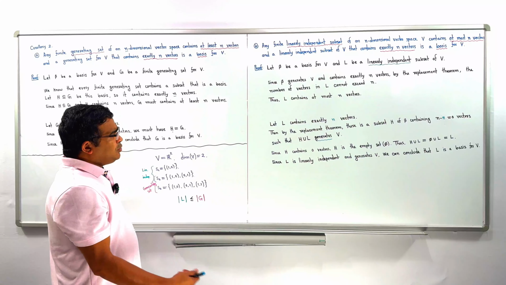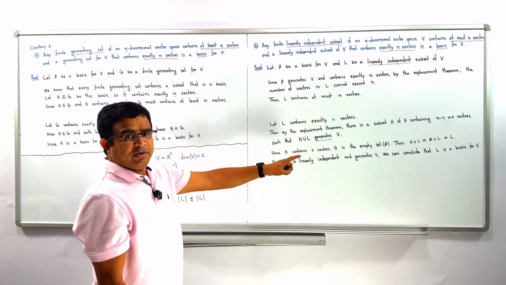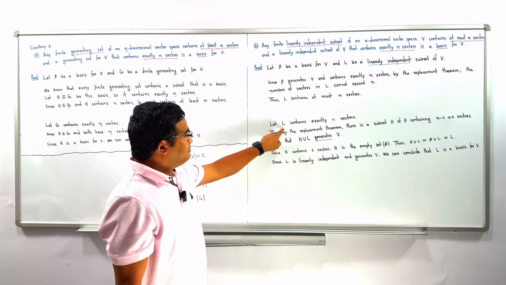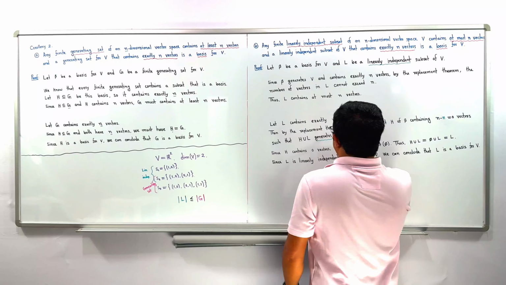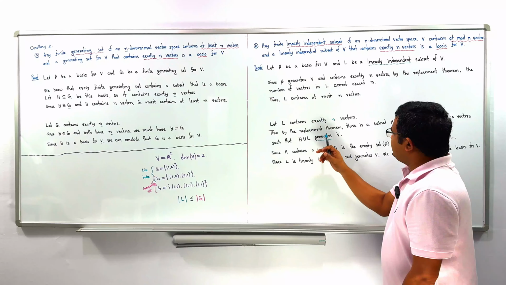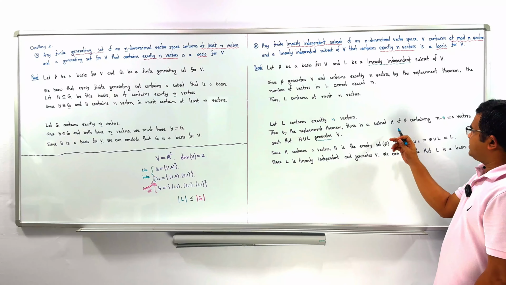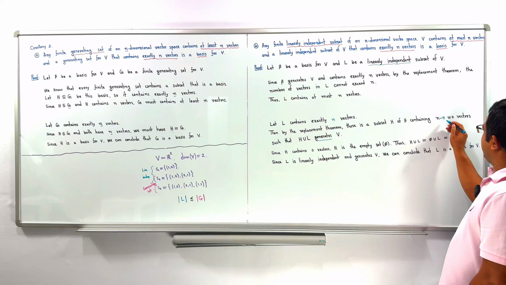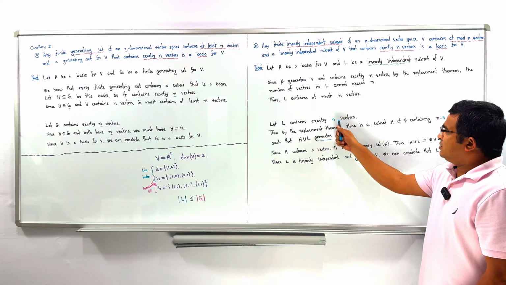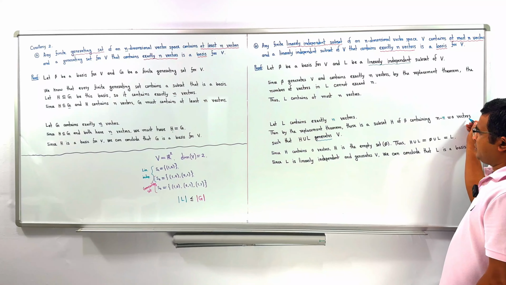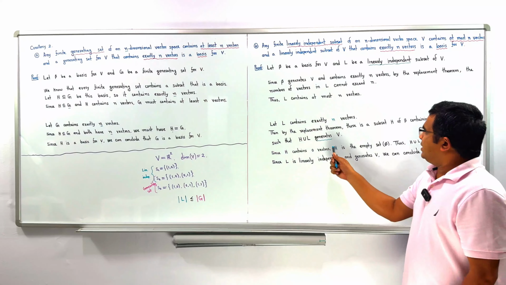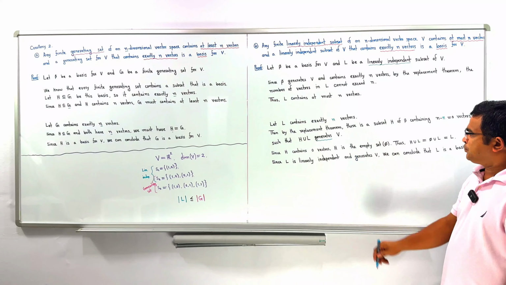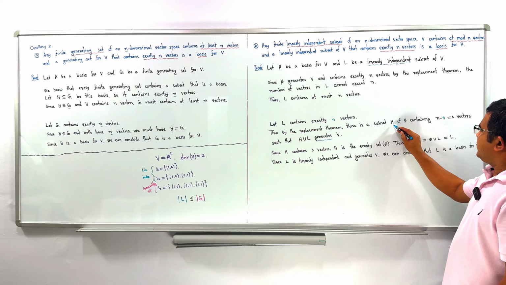Now consider that L contains exactly n vectors and we want to prove L is a basis for the vector space V. If L contains exactly n vectors, then by the replacement theorem there is a subset H of the generating set beta that contains n minus that number of vectors, so n minus n, that is 0 vectors, such that H union L generates the vector space V. So how many vectors will H contain?